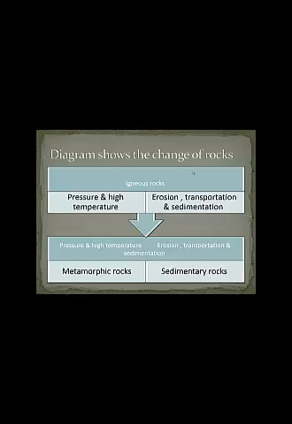The conversion between sedimentary and metamorphic can be summarized by: when metamorphic rock is exposed to erosion, transportation, and sedimentation, it will be converted into sedimentary rock. But sedimentary rocks can become metamorphic rocks if they are exposed to high pressure and high temperature. So this diagram concludes the conversion between igneous rock, metamorphic rock, and sedimentary rock.